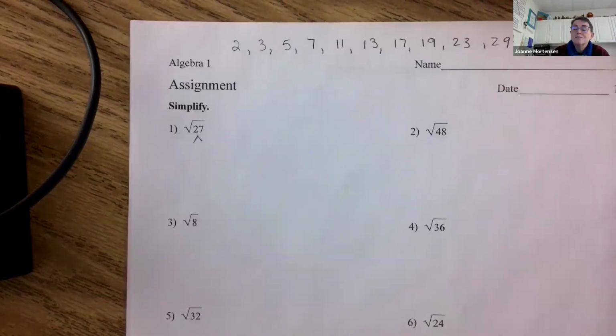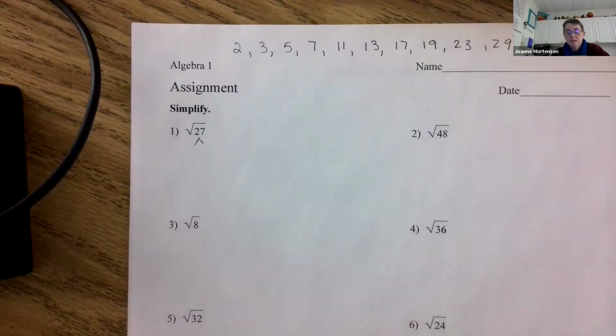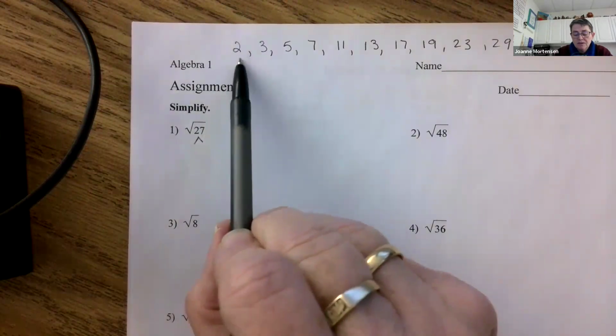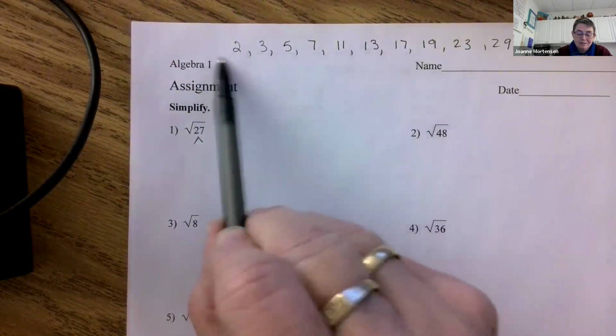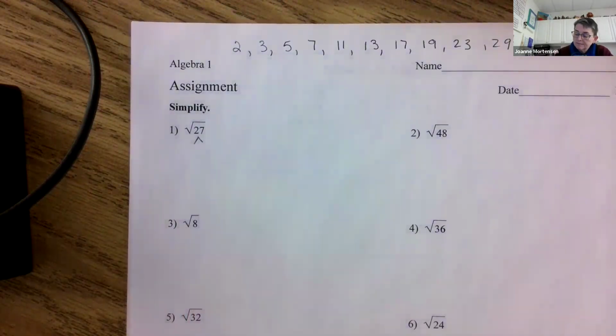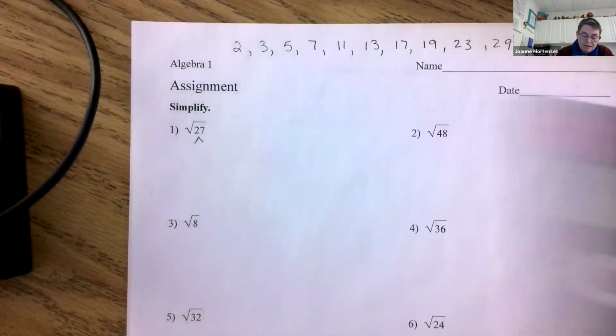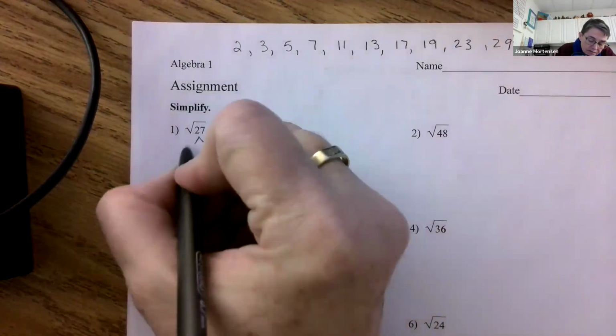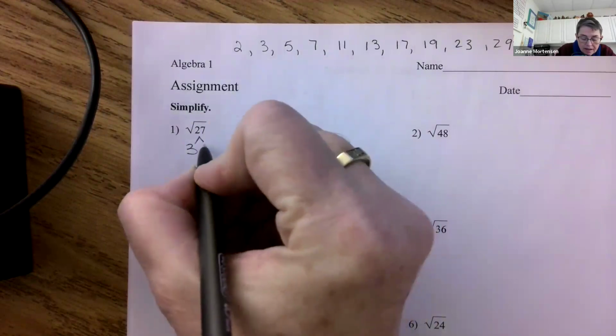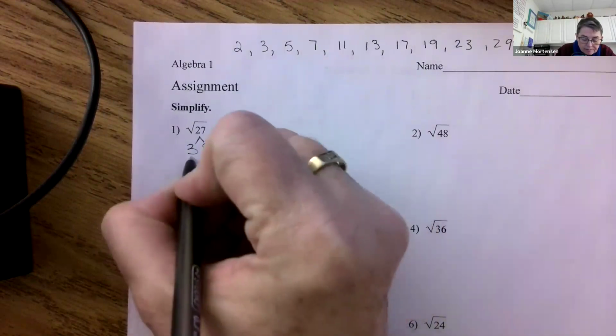And I'm thinking that's probably enough. Most of the time, you're going to find something in this first little bit. So anyway, 27 divided by 3 gives me 9. So 3 and 9.